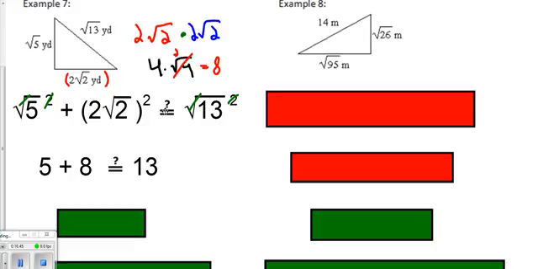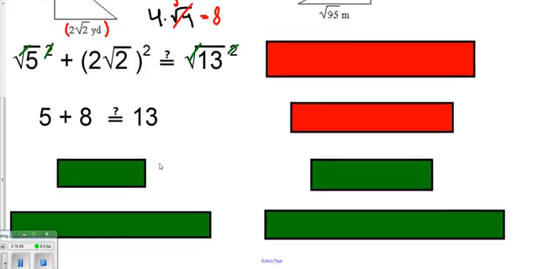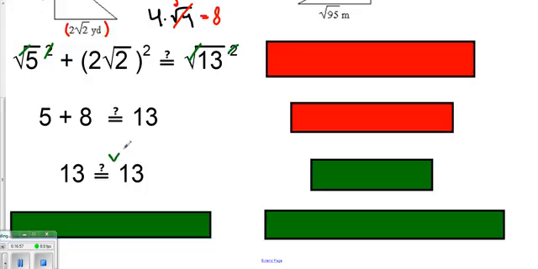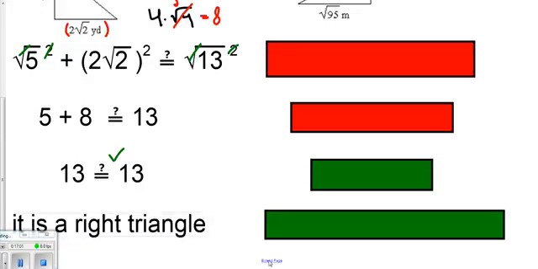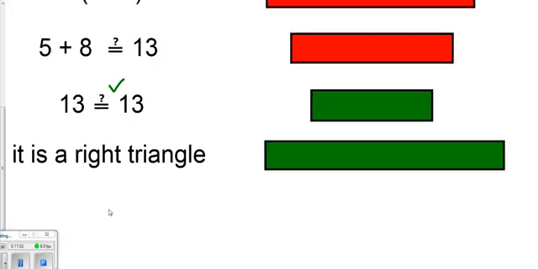Now, does that actually equal square root of 13 squared, which is 13? Let's check it out. 5 plus 8 is 13. Does 13 equal 13? Yes, it does. Since it does equal 13, we would have to say this one is a right triangle. Because a squared plus b squared equals c squared, it is a right triangle.